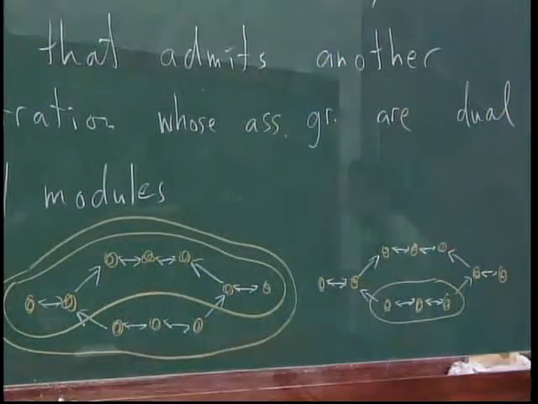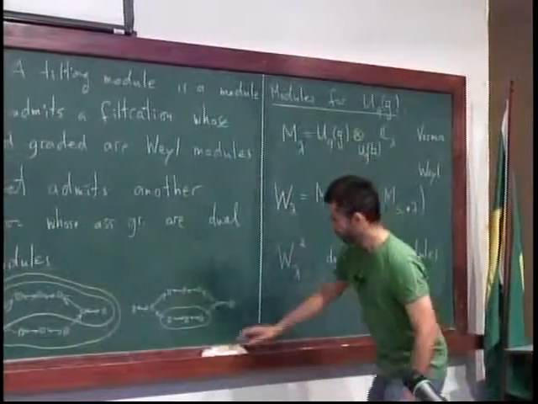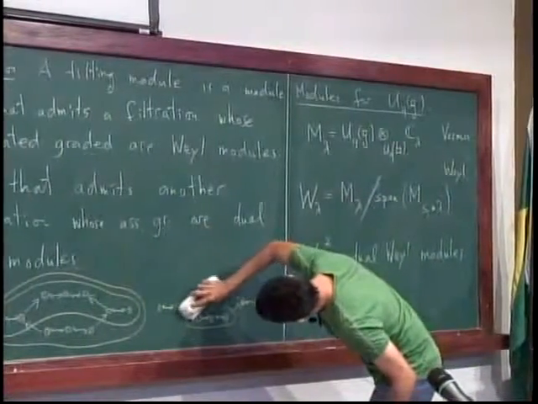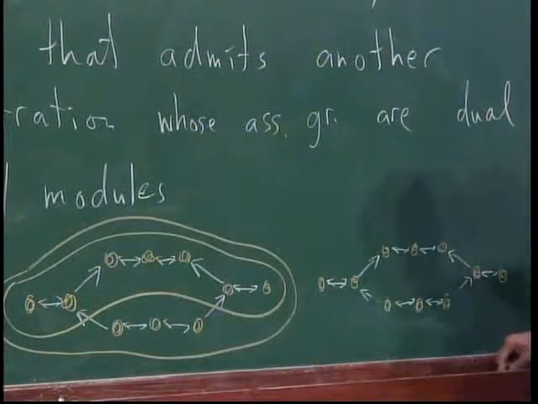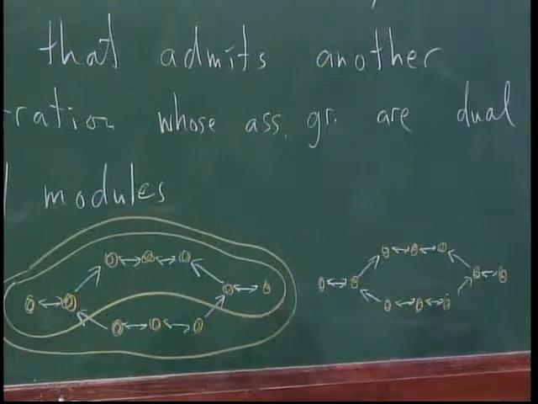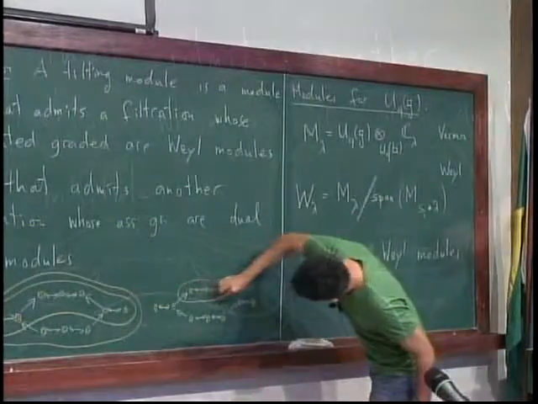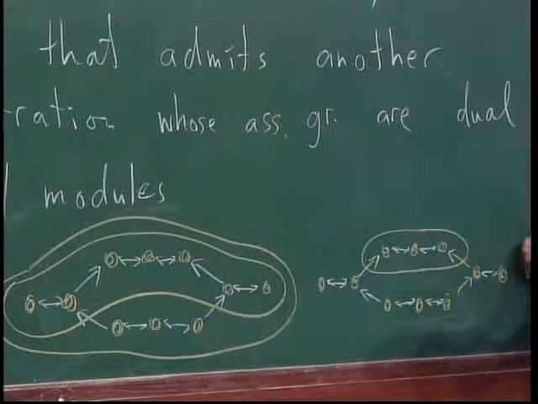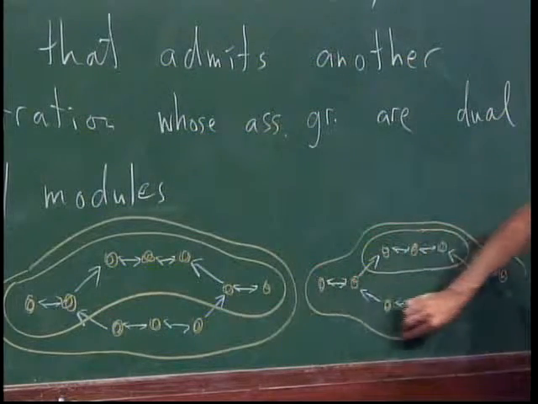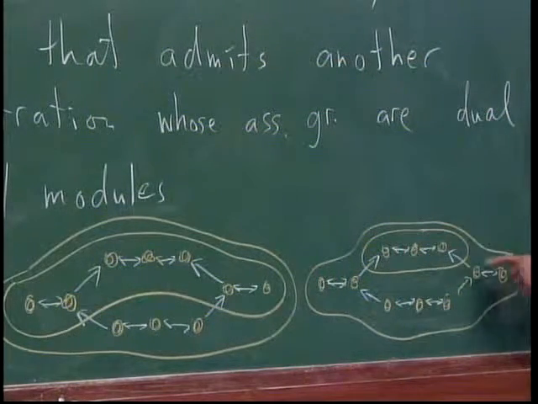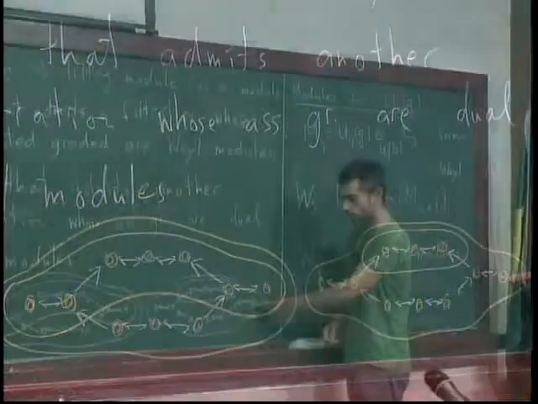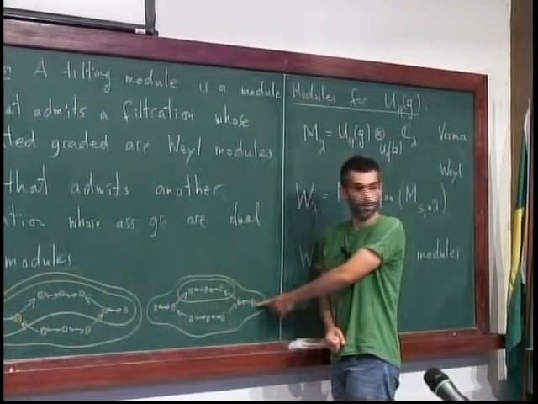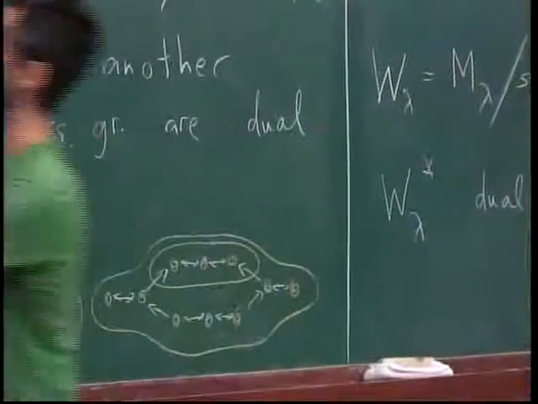In order to be a submodule, you need to have no arrows going out of your thing. You need to remain inside regardless of what you do. This is a submodule. And then the next step in the filtration is the whole thing. And, well, this piece is the three-dimensional Weil module, which is also the three-dimensional dual Weil module. And that seven-dimensional guy is the dual Weil module. It has these arrows going out instead of having these arrows going in.